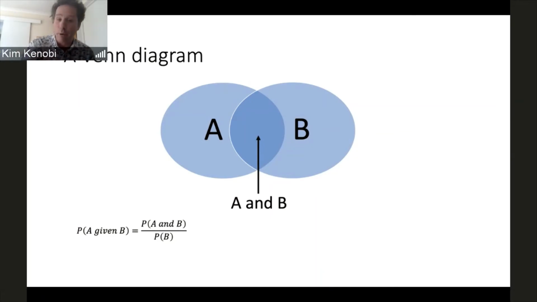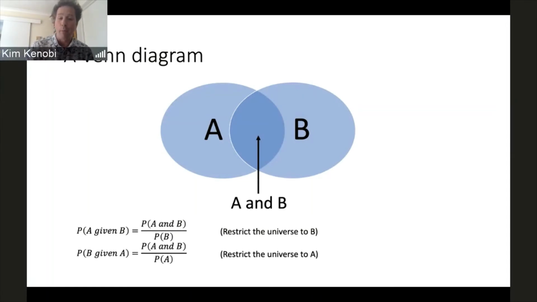So we want to have the probability of B on the denominator, on the bottom line of our fraction. And what you might talk about is restricting your universe to B having taken place. And we can also do it the other way around. The probability of B given A is the probability of both of them divided by the probability of A. So we're restricting our universe to A in that case.